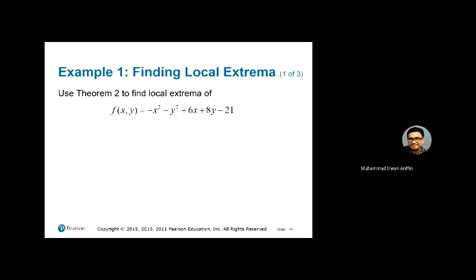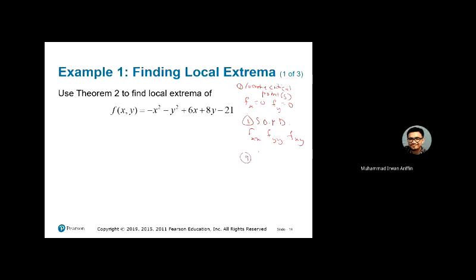Again, don't forget the 3 steps. First, you need to locate the critical points. Remember, there might be more than one critical point. Step number 2, you need to find the second order partial derivatives: f sub xx, f sub yy, f sub xy.